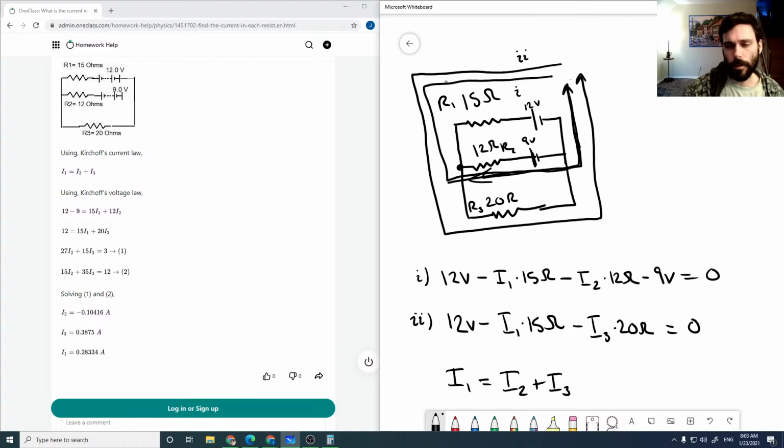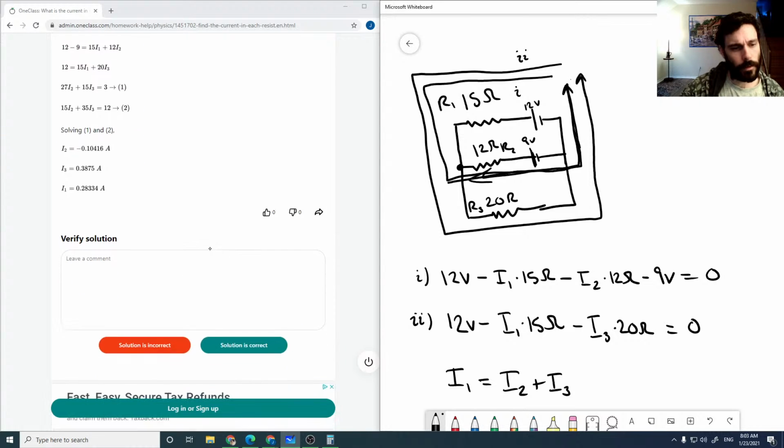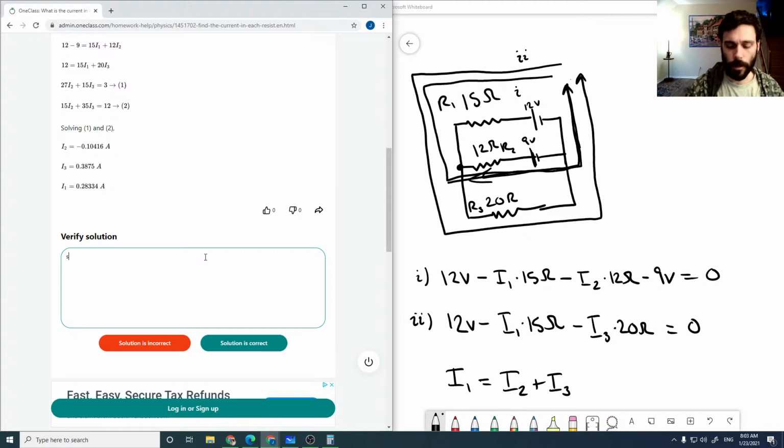Whereas the other two, the directions were as appropriate. Okay, so this looks good. So solution is correct.